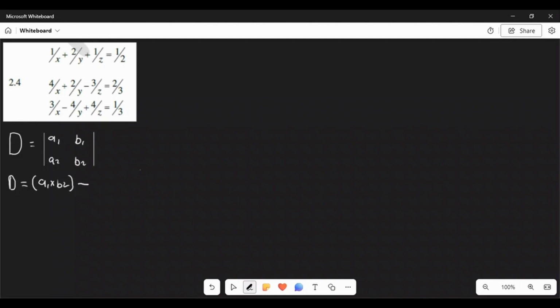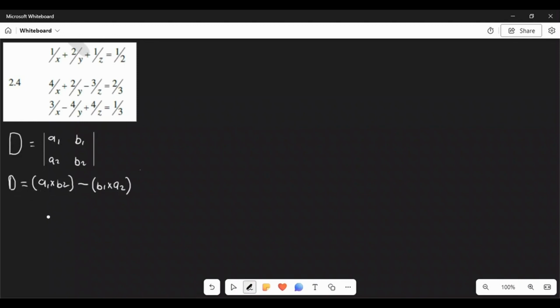Then you subtract the second term, which is B1 multiplied by A2. So the determinant is the product of A1 and B2 minus the product of B1 and A2. I hope this makes sense. Basically that's how you calculate the determinant here.